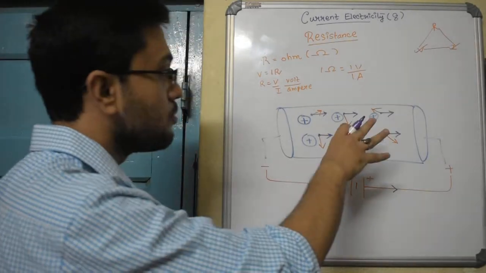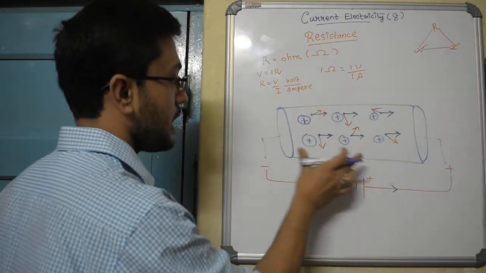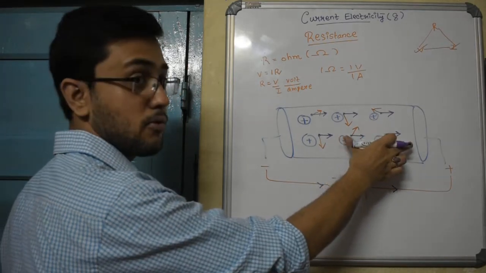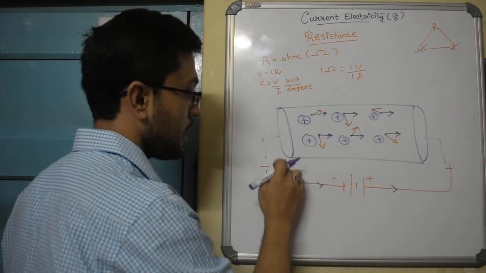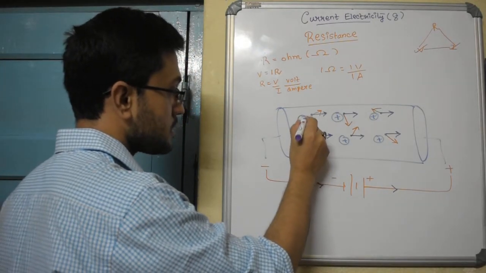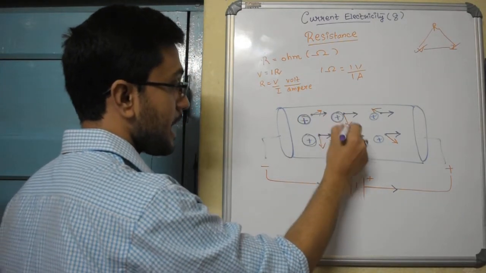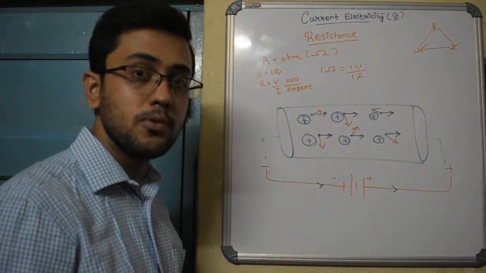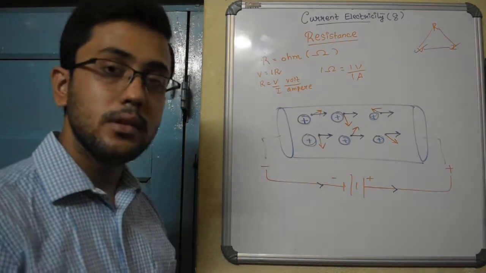But as they are moving, you can imagine, I have just drawn the zoomed in version of this section of the wire. The other sections of the wire lie as well. In all those sections, what happens? These positive charges, these cations, remain behind. It is only the electrons which are moving, right? So the cations are there in their position.